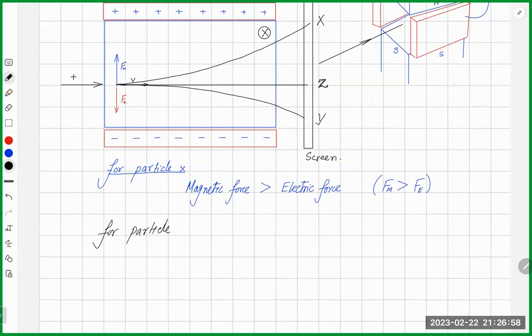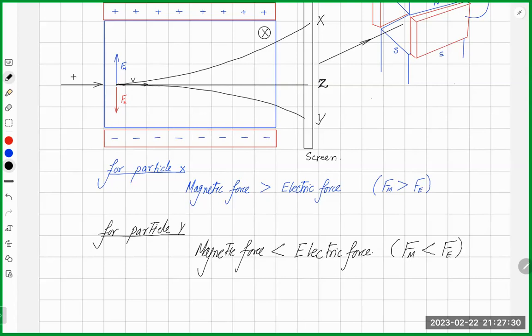For particle Y, magnetic force is less than electric force. Magnetic force is less than electric force.